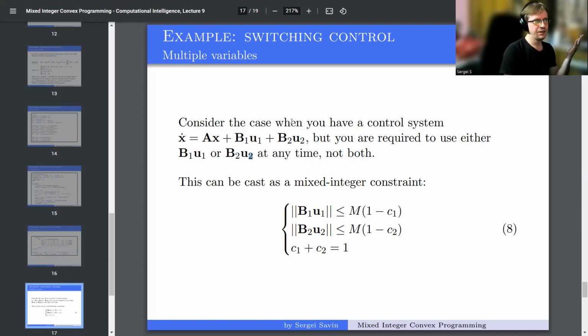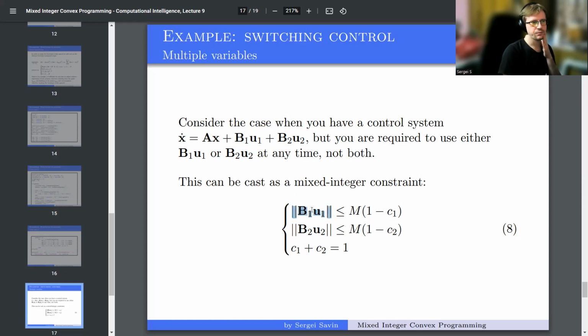It cannot be equal to both of them at the same time. For example, you have one set of thrusters and another set of thrusters, or you have one control policy and another control policy, and you have to choose either one or another. You cannot choose both. So you can also do it as a mixed integer program, and the way it is done is using norm. So to relax equality constraint, you normalize like this.